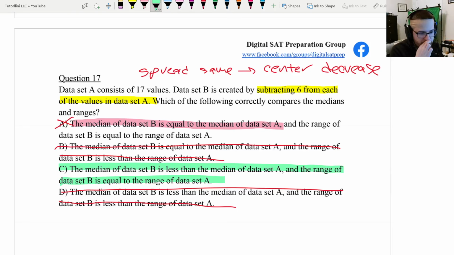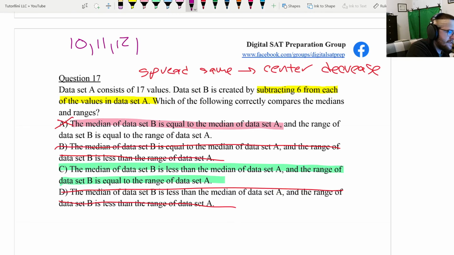So the center moves, the position moves, but the spread is unaffected. Great, that looks good to me. And even if you weren't sure, write a simple data set like 10, 11, 12, 13, perform the transformation and then compute it with Desmos.